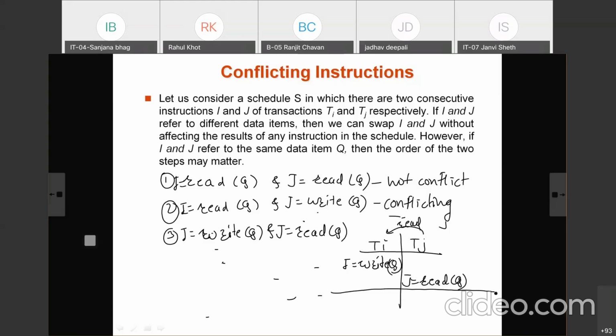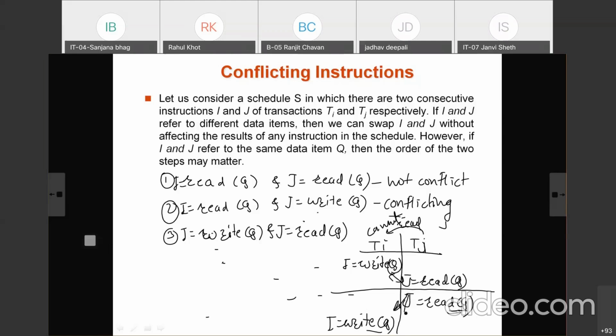But if I execute in the opposite way, suppose first I execute J, that is read Q, and then I execute I, which is write Q. Then Tj cannot read the value of Q which is written by transaction Ti, meaning order matters.